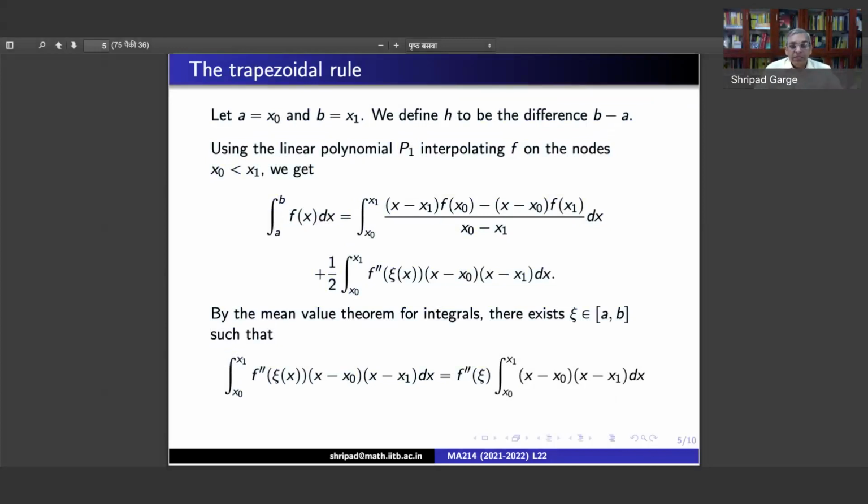Okay, so without the 1 by 2, the remaining error term, its integral, is in fact a simpler looking integral, except now that this single xi is an unknown quantity. But that is much better than having this unknown function xi(x) and then having to compute the integration of f double prime of xi(x) multiplied by the polynomial (x minus x0)(x minus x1).